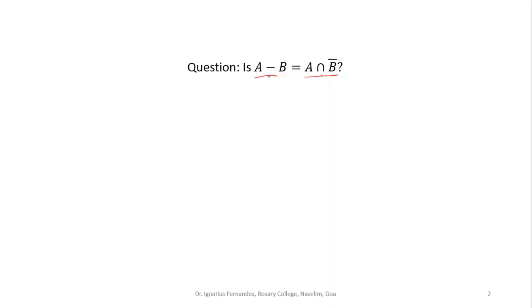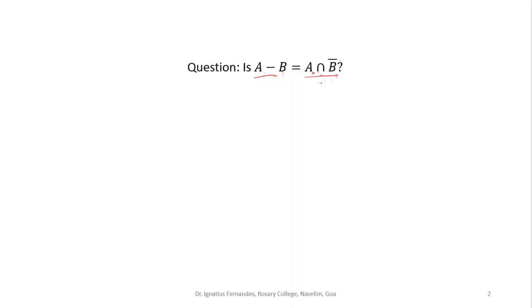So every x that is in A minus B should be in A intersection B complement. The same way, if I want to show that A intersection B complement is a subset of A minus B, I'll have to take every x in A intersection B complement and show that it is also in A minus B. That is how we will prove that both the sets are the same.